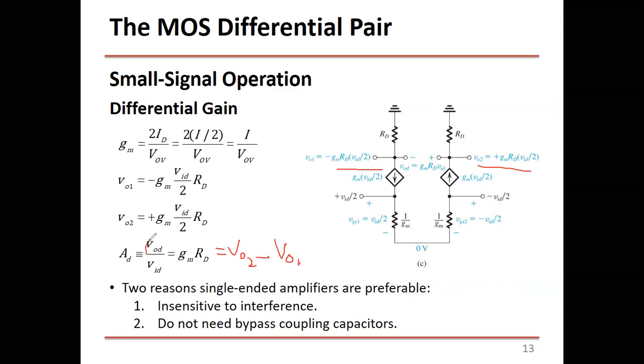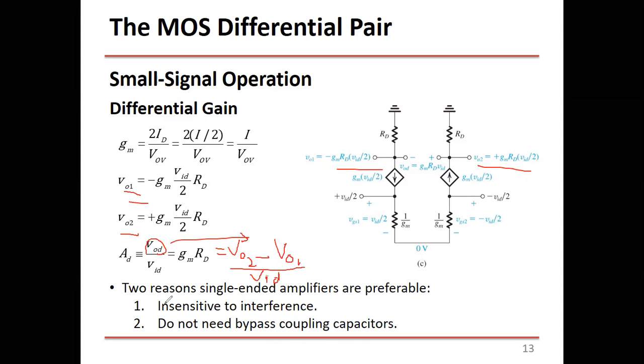And you divide this by V input differential. So if you subtract this minus this, you will get GM V input RD, and if you divide this by VID, this gives you the differential gain. So this is how to find the differential gain from this circuit.